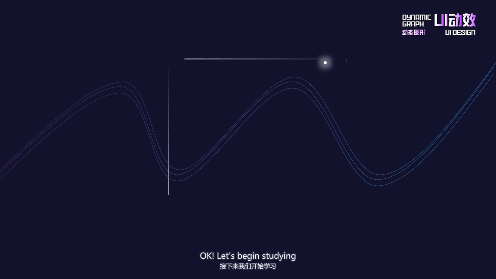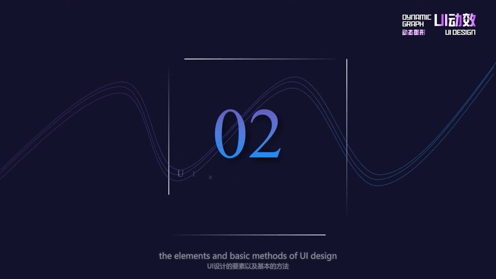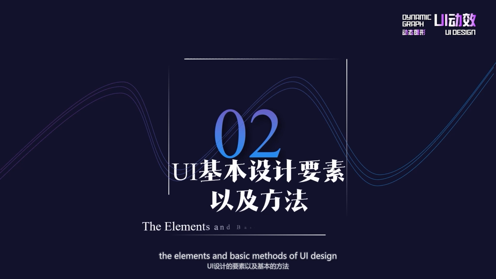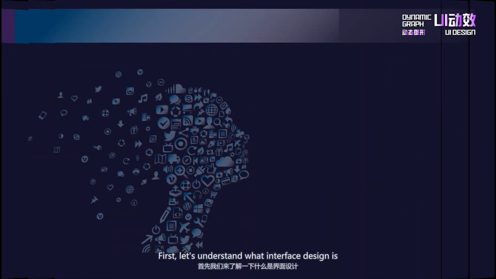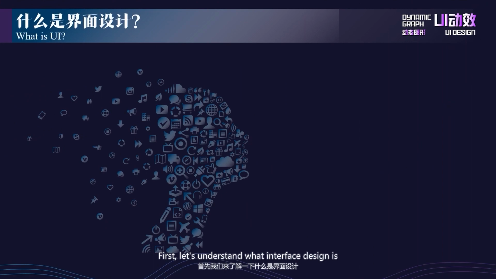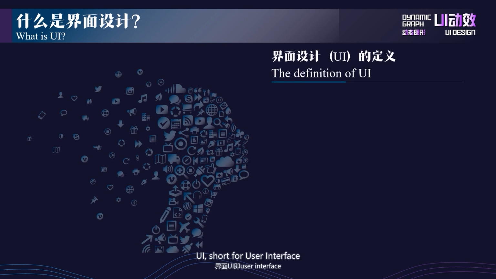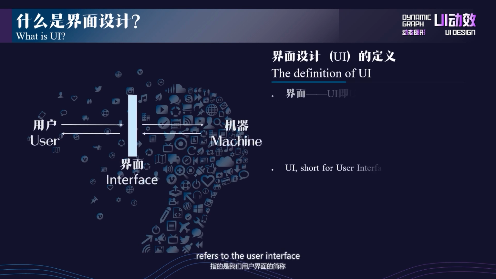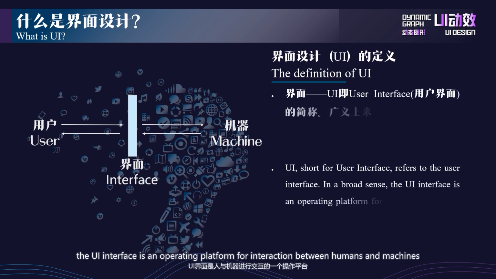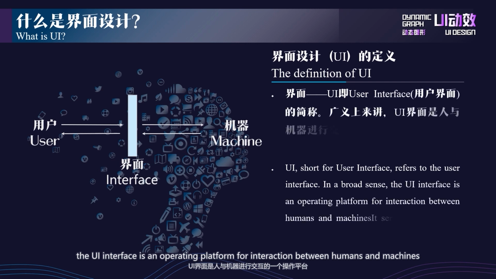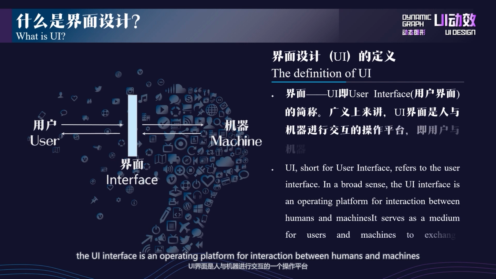Okay, let's begin studying the first chapter of this course, the elements and basic methods of UI design. First, let's understand what interface design is. UI, short for user interface, refers to the user interface. In a broad sense, the UI interface is an operating platform for interaction between humans and machines.